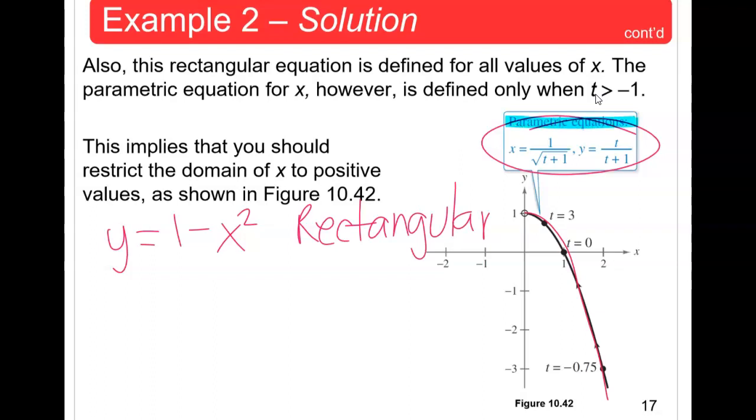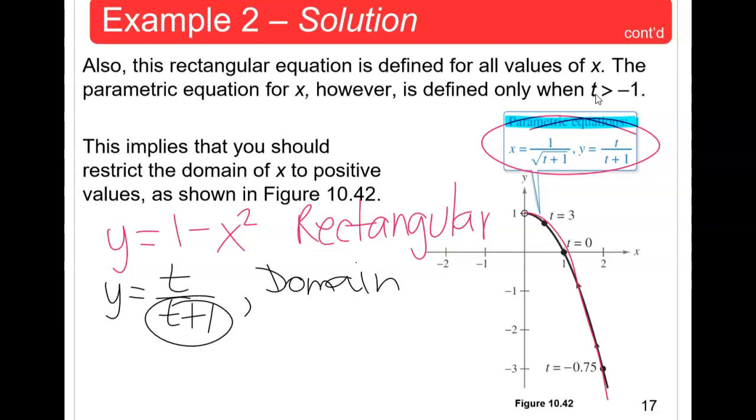So to find the domain of, let's say, if we're working with y equals t over t plus 1, we know that if we had a value of 0 here, that wouldn't be okay because we will get an undefined value. So the way we find the domain in those cases is by taking the denominator t plus 1 and saying that cannot equal 0. So that will be t cannot equal -1.